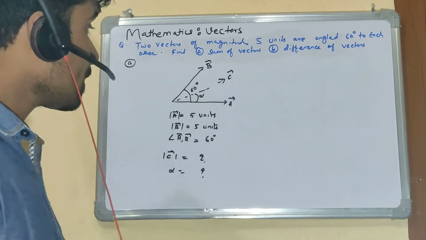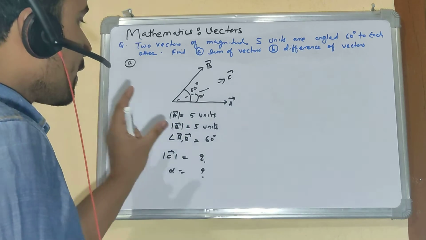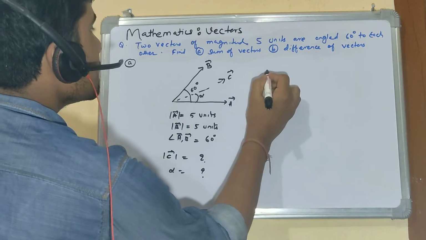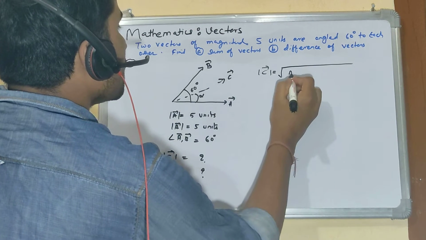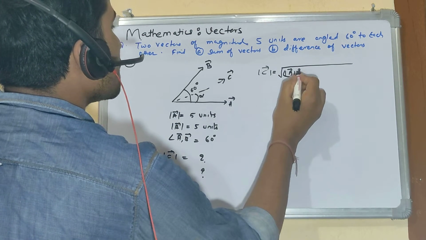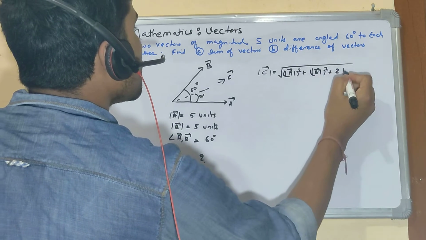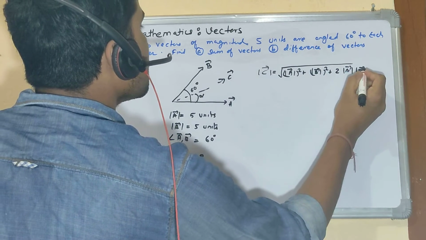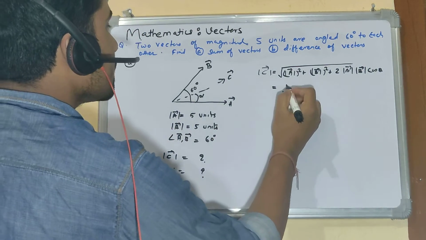Okay. So simple, we know the triangle law. We can easily calculate, we know the vectors and the angle. C vector will be the square root of mod A square plus mod B square plus 2 mod A mod B cos theta. Now I know all the values, let's put them in.